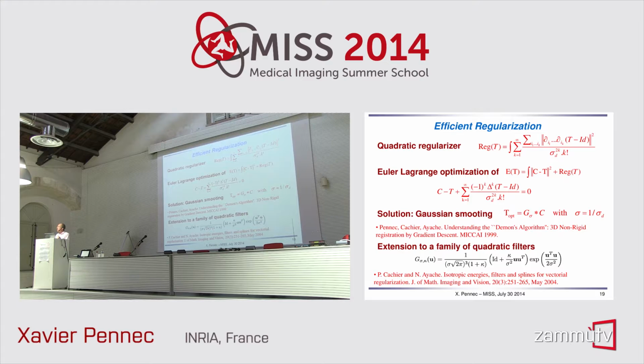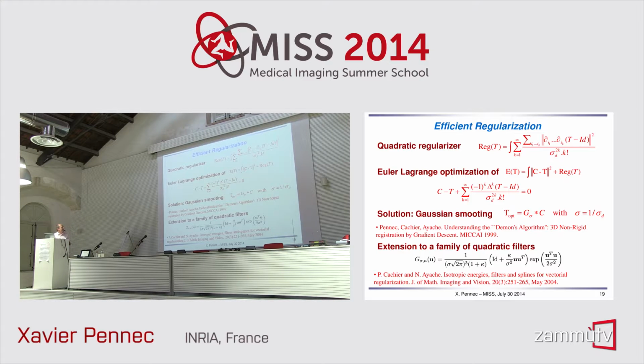Instead of really controlling the norm of the regularization, we are never actually computing it. We are just putting things in a way we can solve efficiently. So instead of trying to have sparse matrices which are simple to invert, we're going to a full matrix, but we know the inverse. We know how to compute the inverse so that it is efficient from a computational point of view.